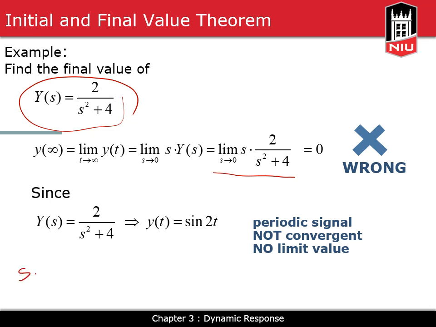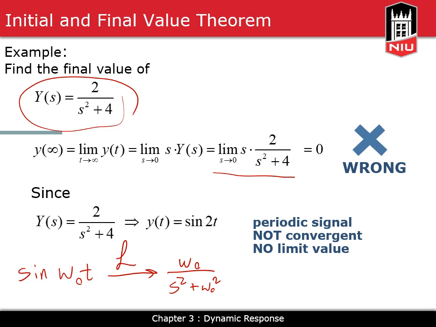So basically, sine of omega naught t will have a Laplace transform of omega naught over s squared plus omega naught squared. So whenever you see s squared plus something and a constant in the numerator, you can suspect that it's the Laplace transform of a sine function.